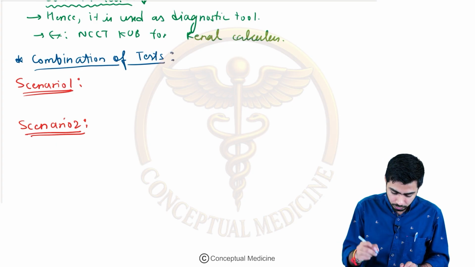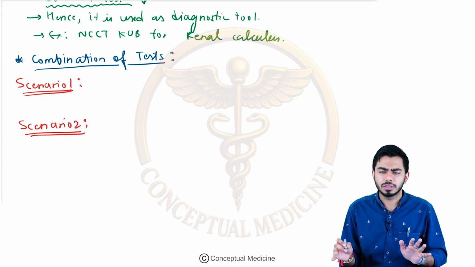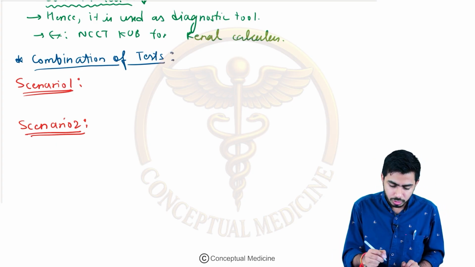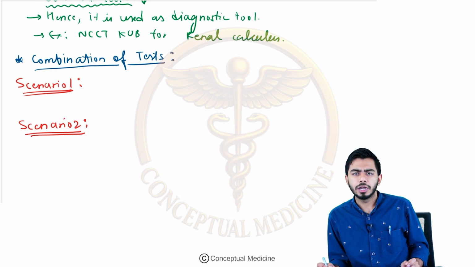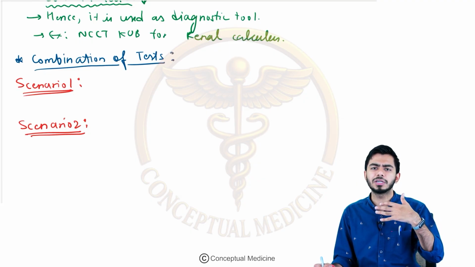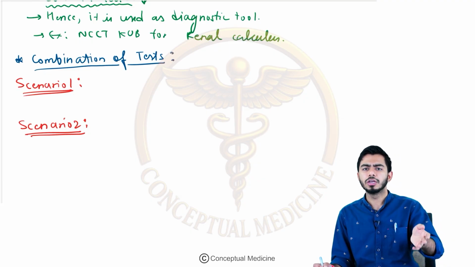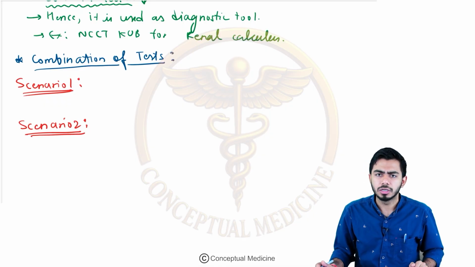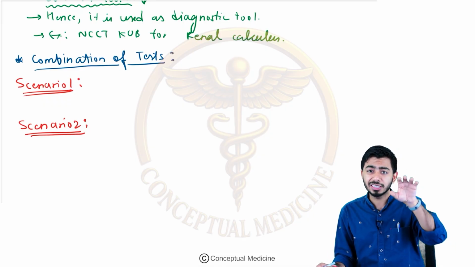In scenario 1, for example, the patient comes to you, and you do this test, that test, this test also. You are doing multiple tests, for example CBC, LFT, KFT, all of those tests for that particular person at the same time.